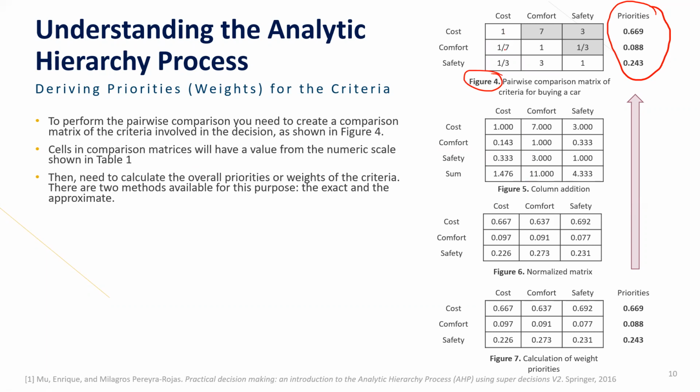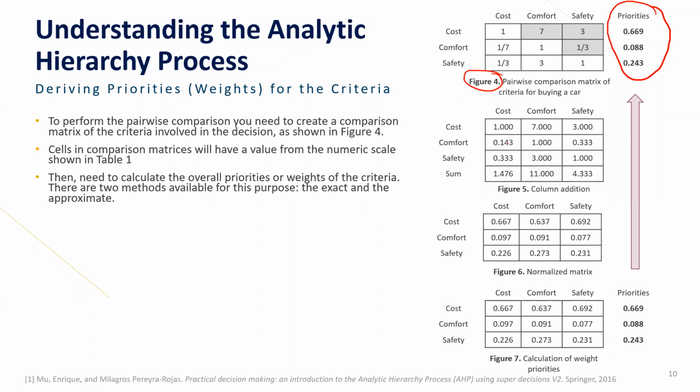So 1 out of 7, 1 out of 3. I make it into decimals. 1 is 1.000. 1 per 7 is 0.143. So this is equal to this, and so on. I write all the values below, in figure 5.